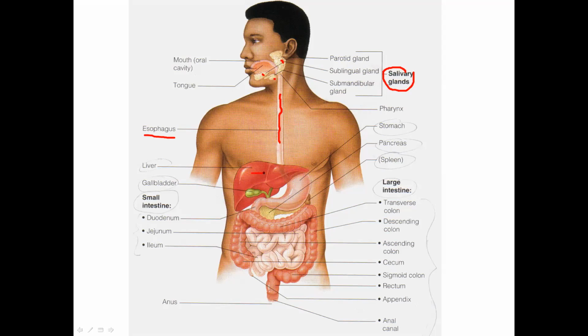The liver, gallbladder, pancreas, stomach, the small intestine, which is broken down into three parts: the duodenum, the jejunum, and the ileum. And then the large intestine.